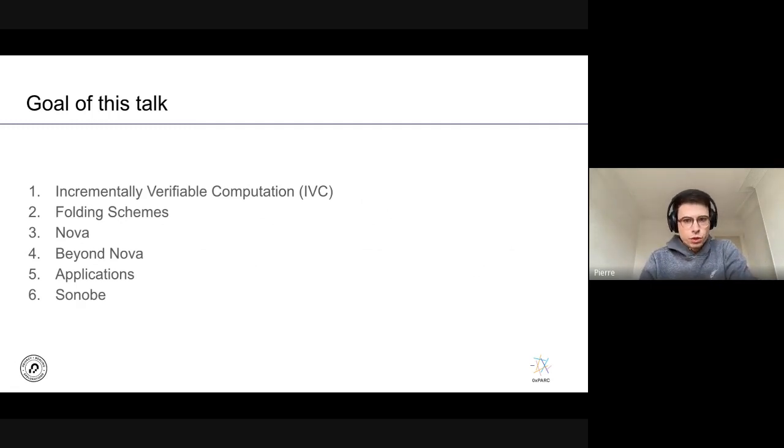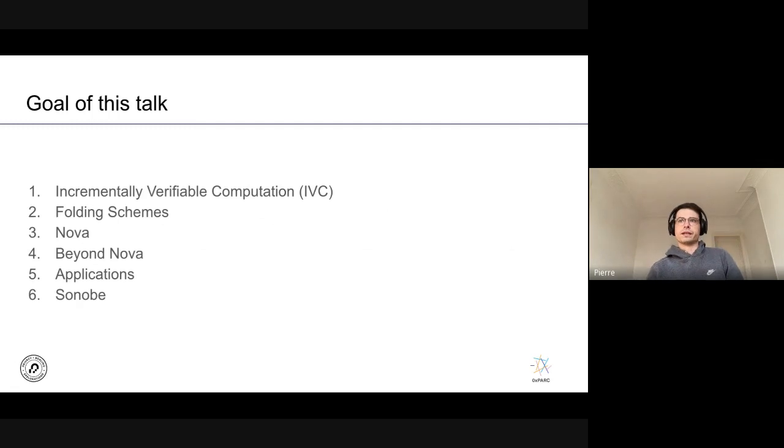Then I will show you what Nova consists in. Nova was the paper that first introduced what a folding scheme is. It was written in 2021, and it was also the first paper to achieve IVC using a folding scheme.